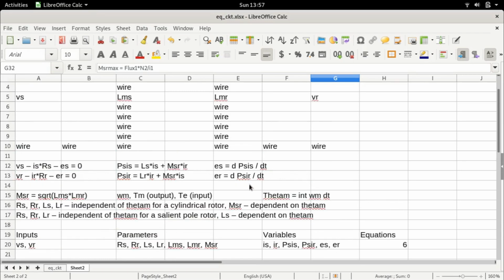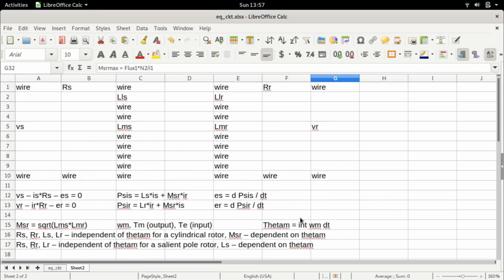Now going further, we have to find an expression that varies this rotor position angle. Because remember, as of now, this rotor position angle theta m is some mysterious angle. Instead, we have to come up with an expression for the angle itself. And that angle will come from equating the electrical torque, the mechanical torque, and the rotor position angle.